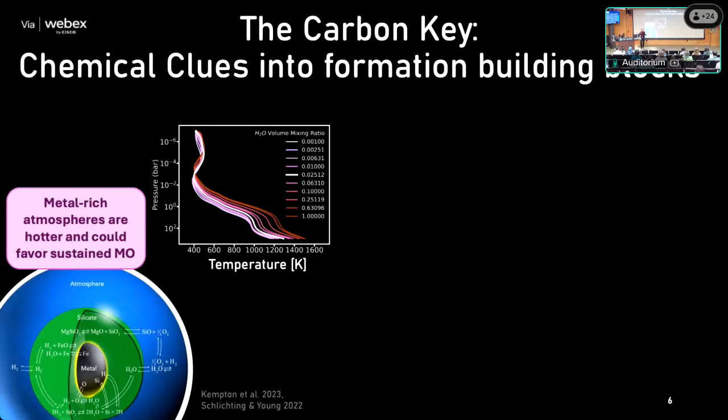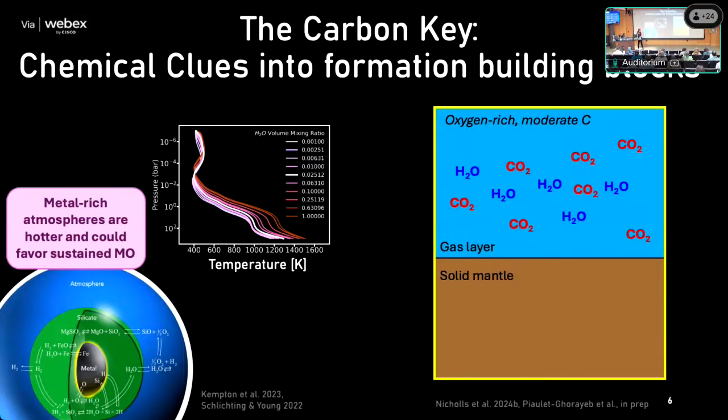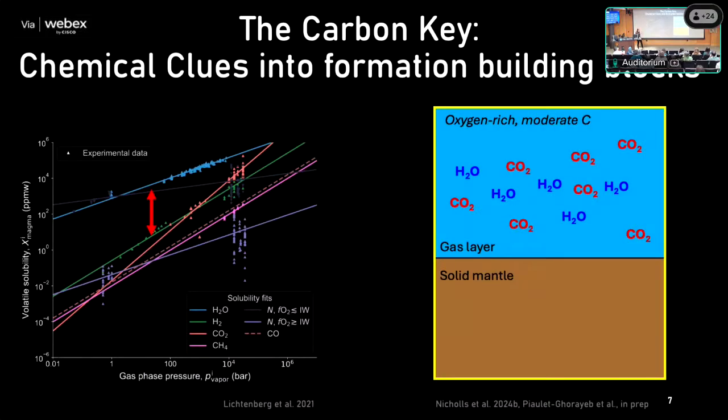And that will actually affect how good you are at estimating your bulk volatile inventory from just the atmosphere observations. Because let's say you have a certain atmospheric composition on top of a solid mantle. Well, you could say that a lot of your volatiles, at least those that are not trapped in the deep interior, you can learn about from the atmosphere observations.